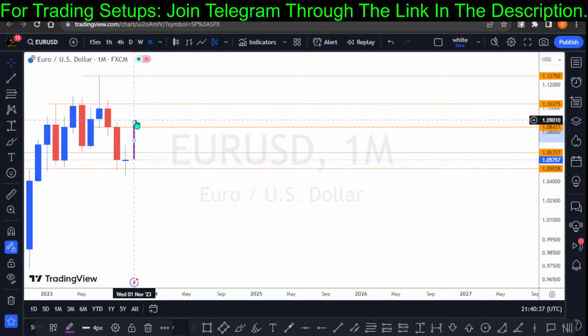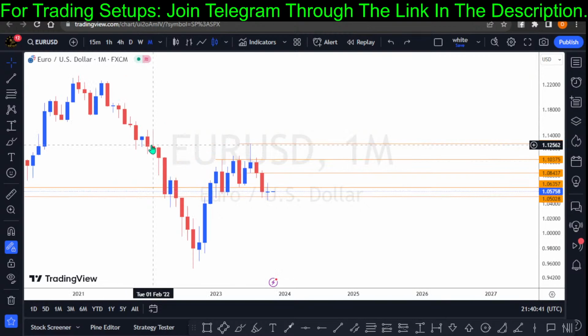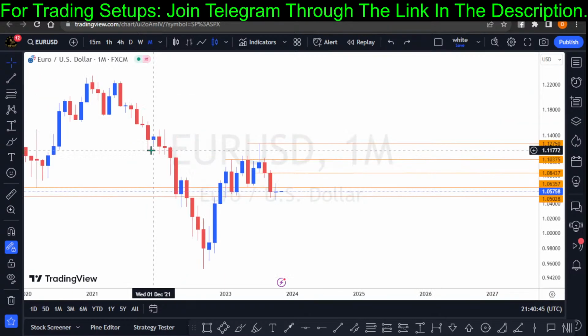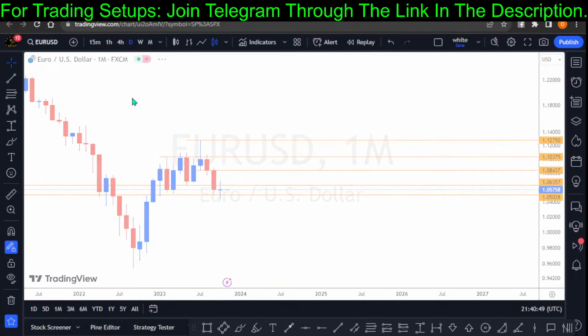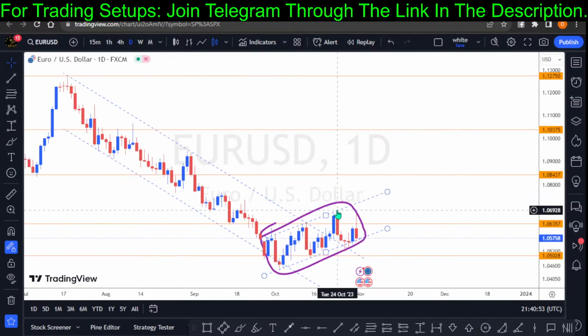So what I'm actually looking out for in the month of November is to see how I can figure out strong technical buy reasons, technical confidence factors, for me to go long on Euro USD. Based on the month of November, I'll be looking to see how price will react to key level structures, market structures, momentum, and liquidity on the day chart, the weekly chart, and the four-hour chart, so that I can flow along with the direction of the higher time frame.